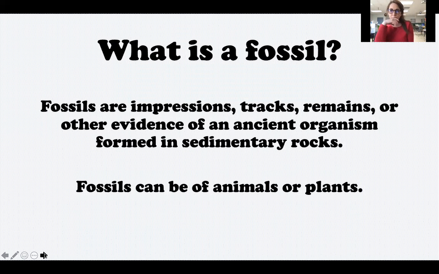And there's a lot of misconceptions about fossils. A lot of people think that when you find a fossil, you're finding the actual dead organism, but that's not the case. These are things that were alive tens or hundreds of millions of years ago.